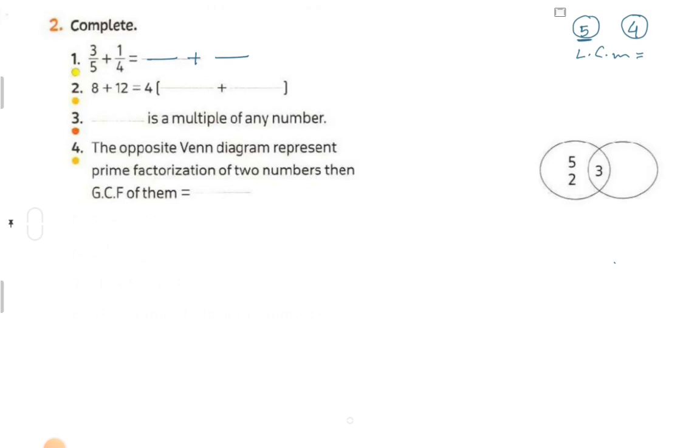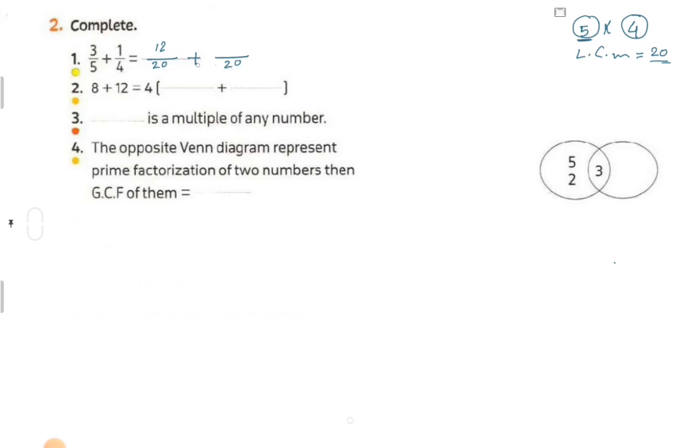So the LCM directly is 4 times 5 equals 20, without factorizing the two numbers. Now 20 will be my like denominator, and 5 becomes 20 by times 4. So 3 times 4 equals 12, and 4 becomes 20 by times 5.